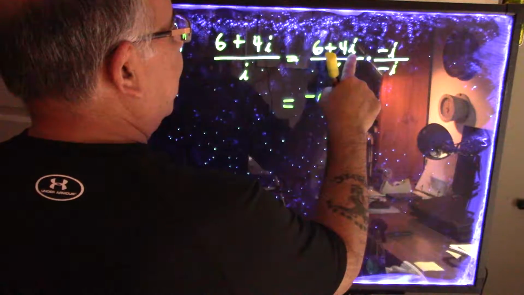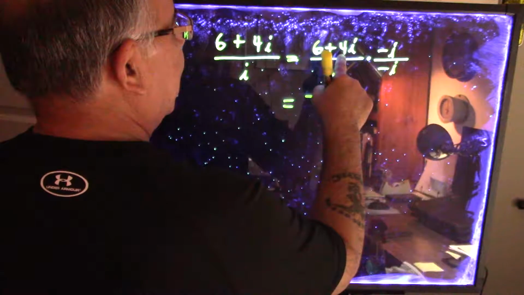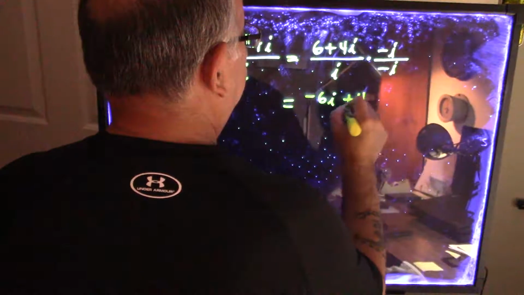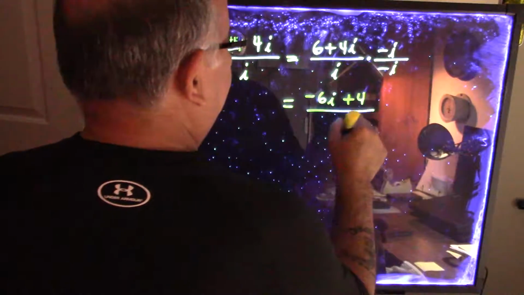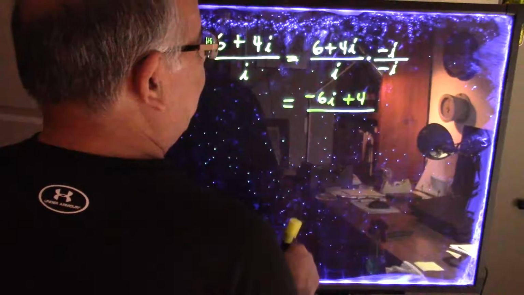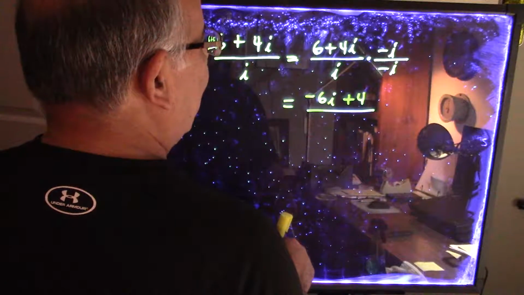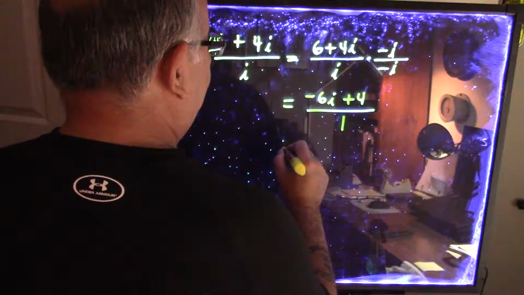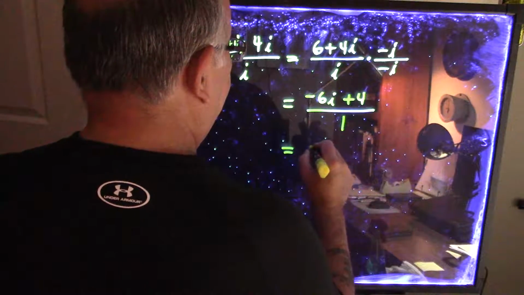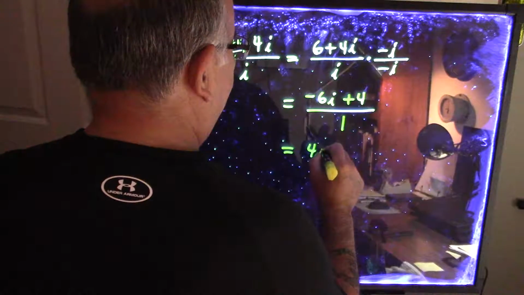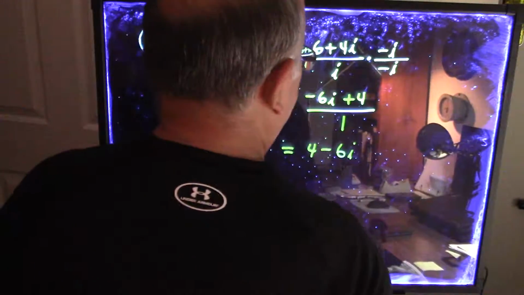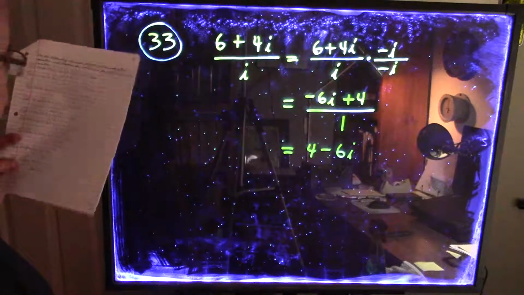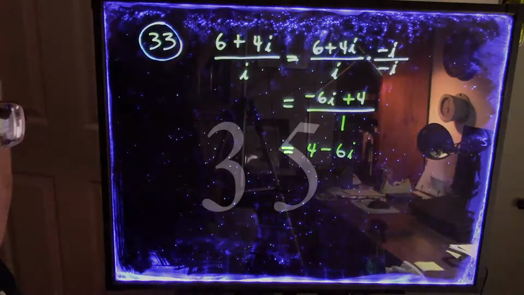And i squared is negative 1, so it's negative 4 times negative 1, which is positive 4. Alright. i times negative i is negative i squared, or negative of negative 1, which is positive 1. So we can ignore that 1 in the denominator and write it in standard form, 4 minus 6i. That's our answer in standard form. Alright? Okay.